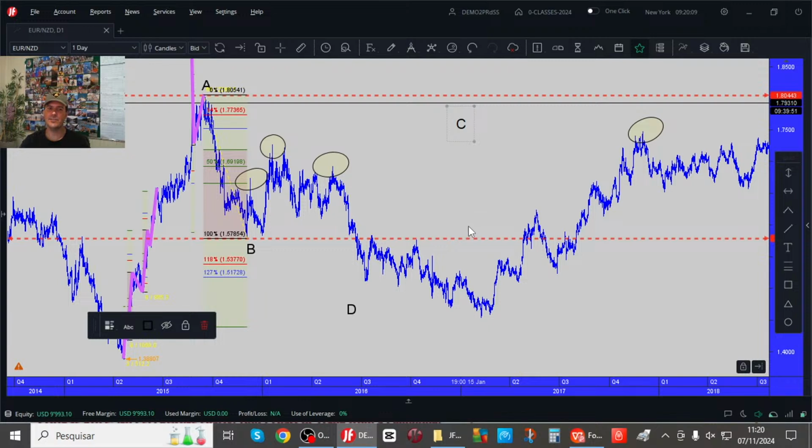Which one is the highest point inside the AB boundary before the market hits the appropriate extension? Now is the fourth, right, everybody?